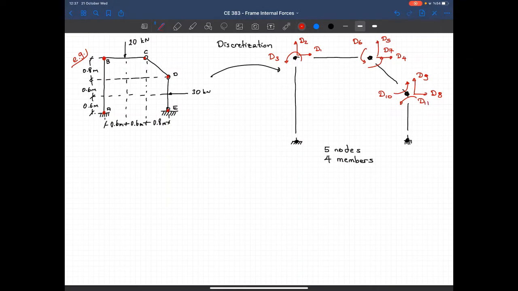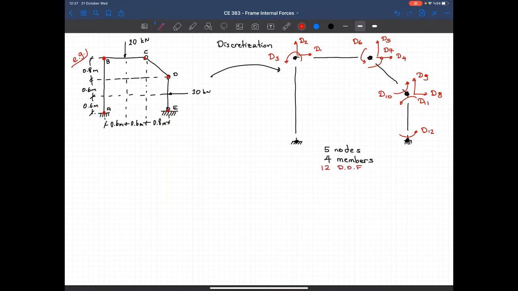And finally, I'm looking at this node. It's a fixed support, but at the same time I have an internal hinge, which shows that this member can rotate freely in either direction, so I should put another degree of freedom here, D12. So this structure has 12 degrees of freedom.